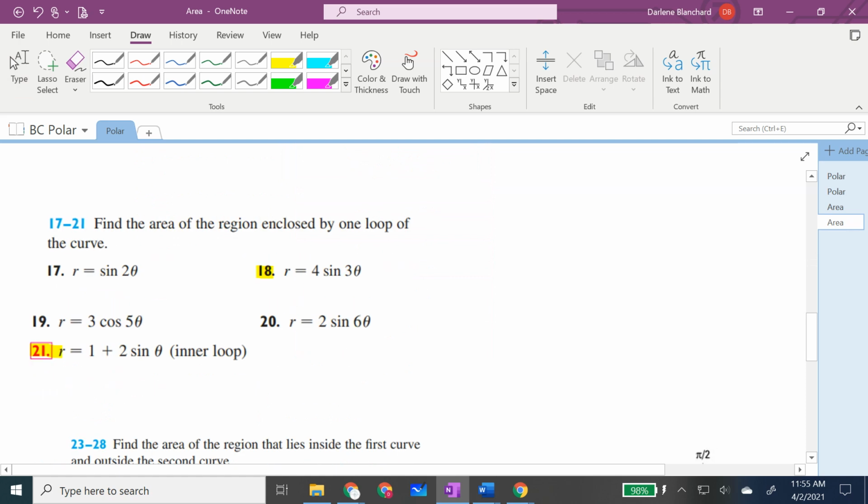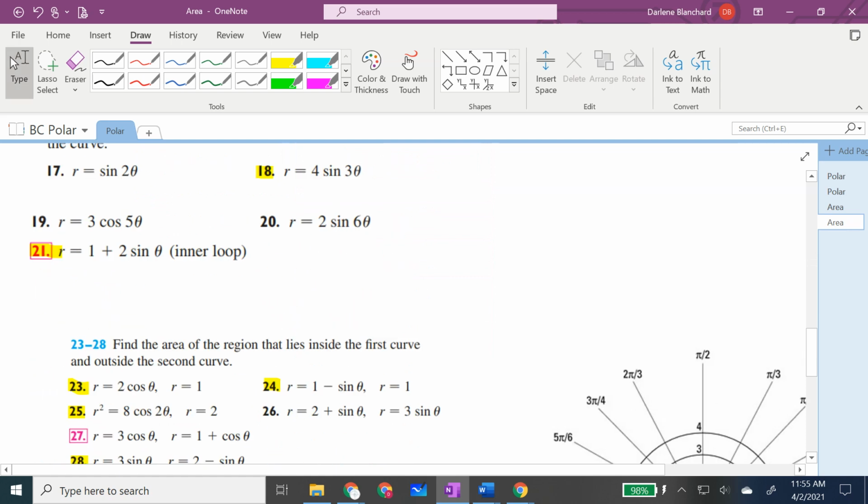And then I've got some possibilities of problems that I will go through with you. Not going to be able to get through all of them. But what I want to do is talk you through graphing while talking you through how to set up an integral for area.